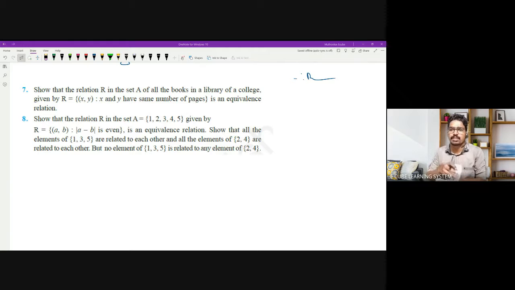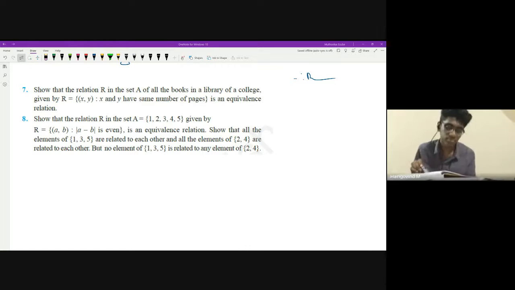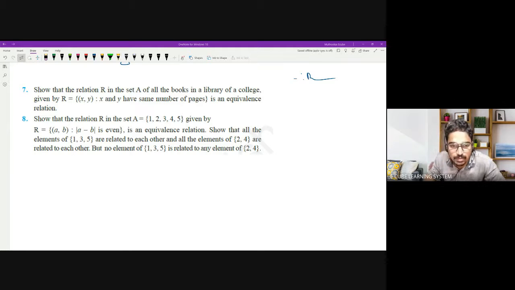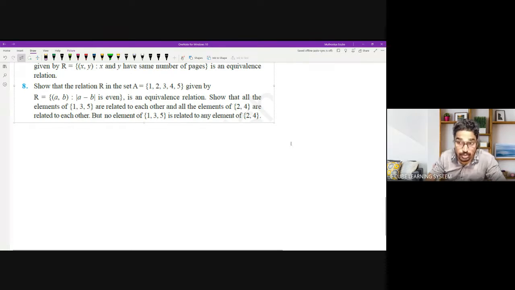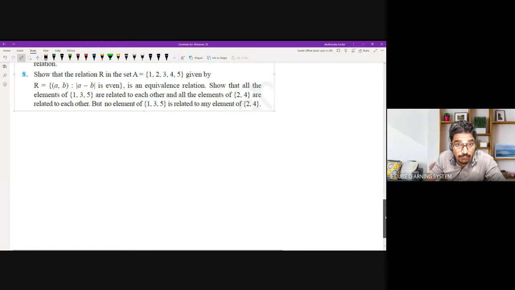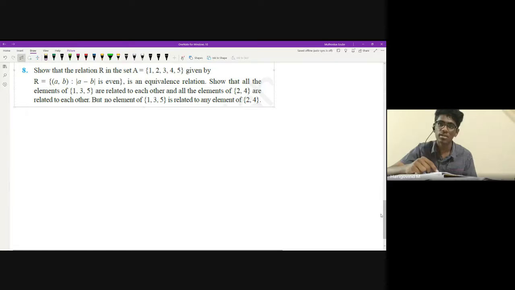Okay, tell me what the question means. Harry Govind, what's the meaning of the question? The relation is given. Is it given that it is an equivalence relation?